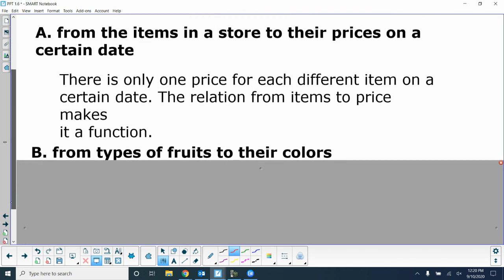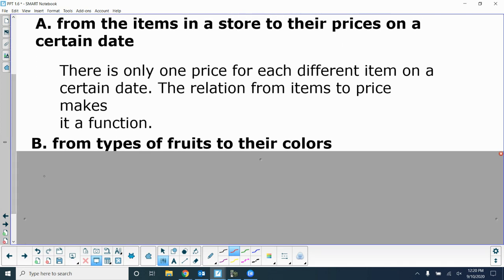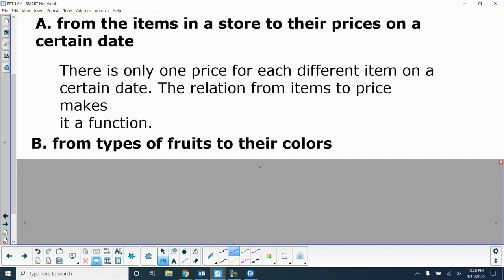How about the types of fruits and their colors? All fruits have the same color? No, give me an example, Cole. A type of fruit that has different colors. Strawberry.